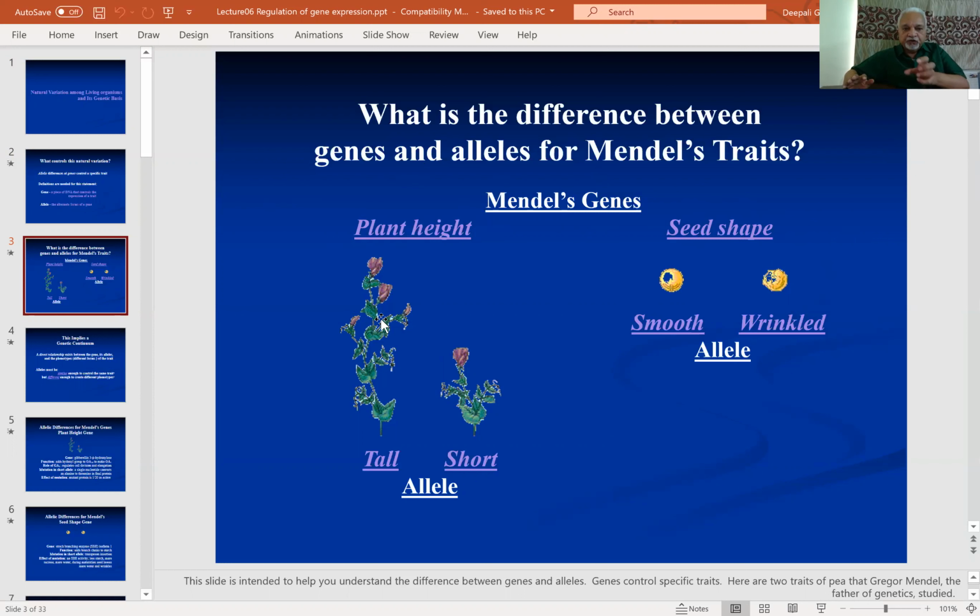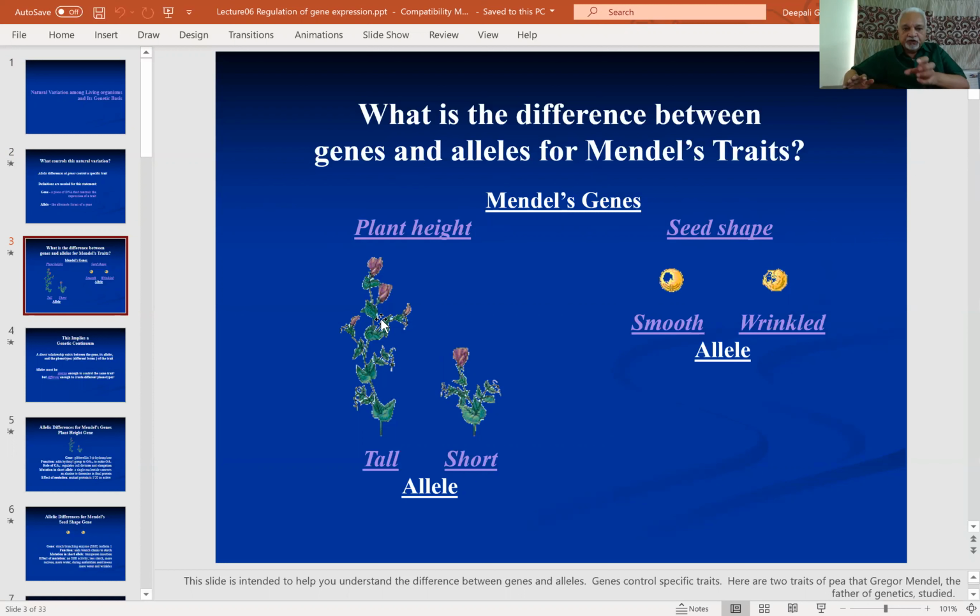So when we see the relationship, the plant height is expressed as tall and short. So these are the alleles. These are two different forms of a trait. So tallness and dwarfness or shortness are the two alternative forms of a trait, which are controlled by different genes.